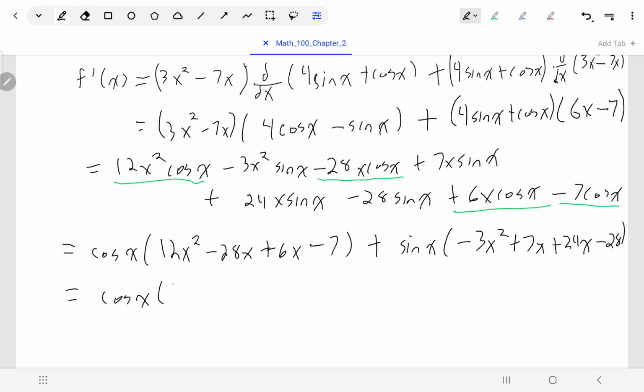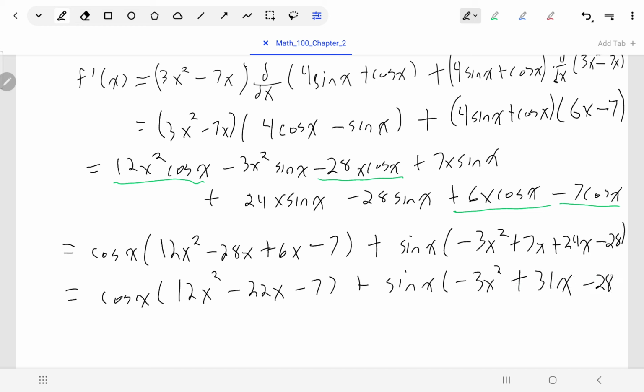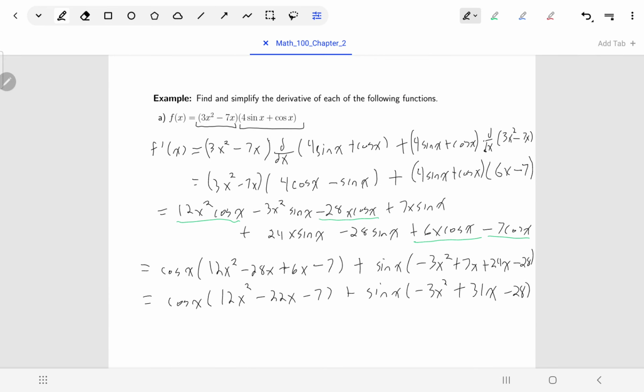I've got the minus 28x plus 6x that I could turn into minus 22x. And for the second bracket, I've got the 7x and the 24x, which I can add to give me 31x. And there we go. I think that's about as simplified as I can get, and so that's where I'll leave my first derivative.